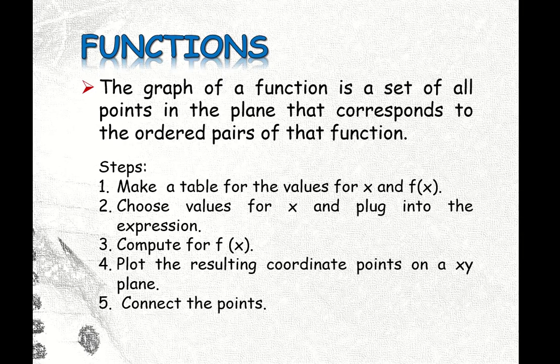Then compute. So we have to do the computation for f of x. And then once you have the values of x and f of x, then you are ready now to plot the resulting coordinate points on the xy plane. Then after that, you connect the points, so you will get the graph of the function. So those are the 5 basic steps to follow in graphing the function.